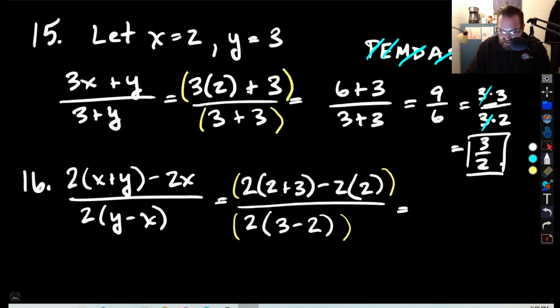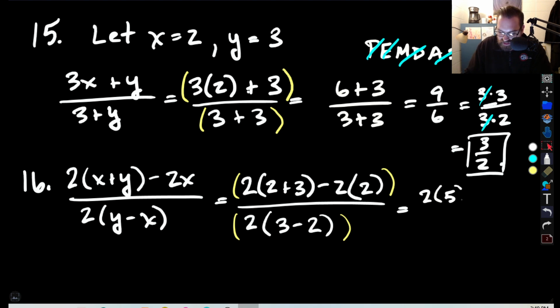The very first thing I see is that I have a group within a group that's also within a group. So kind of crazy. I can take care of the 2 plus 3 by adding those two things up, and whatever I get is multiplied by the 2.